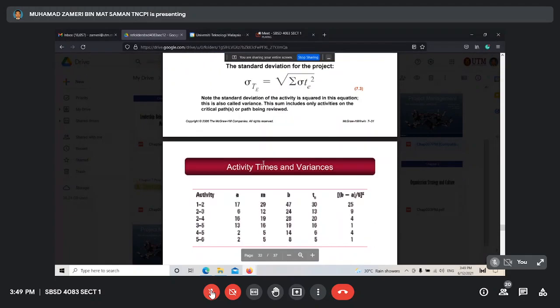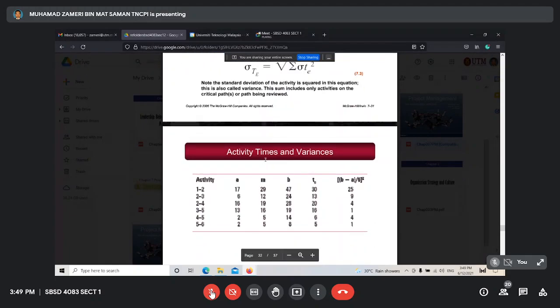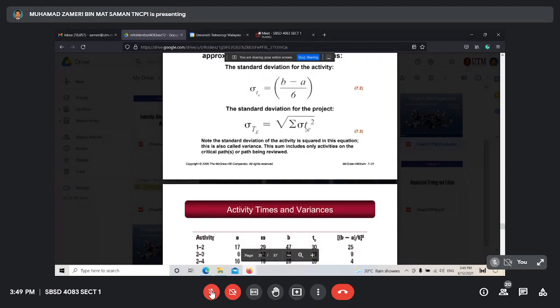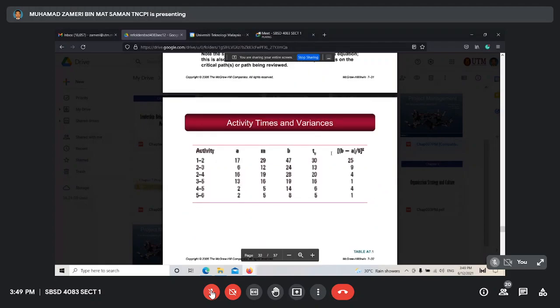If you want to find the variance for the project, you need to square it. That means 5 squared is 25. Then activity B: 6 plus 4 times 12 plus 24, divided by 6.